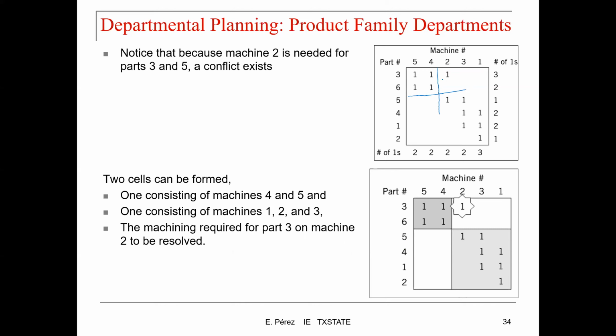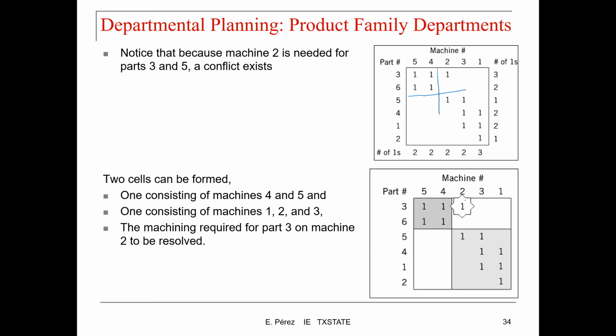So 2 cells can be formed, one consisting of machines 4 and 5, one consisting of machines 1, 2, and 3. The machining required for part 3 of machine 2 needs to be resolved.